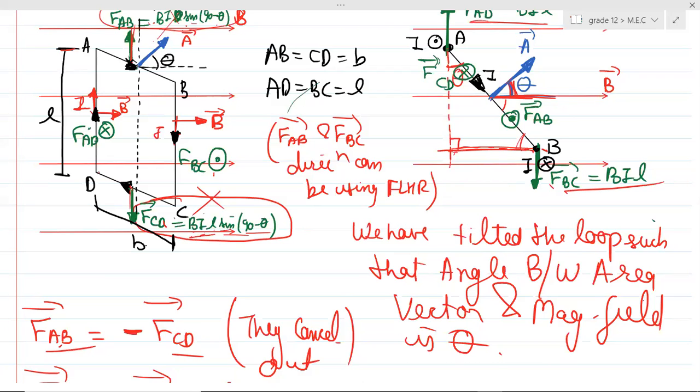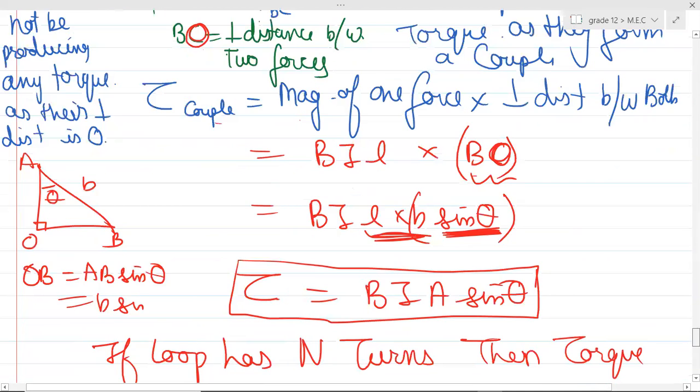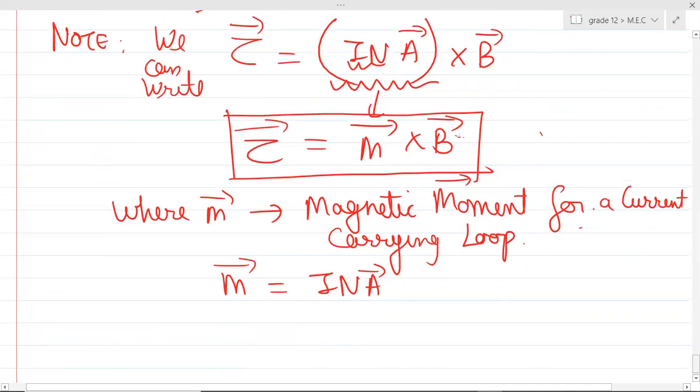Yes. That is what is happening. Now you understood why there was no torque due to FAB and FCD? Yes, sir. Since there was no torque, these forces were not included. It was not because cos was not involved. These forces only were not involved.